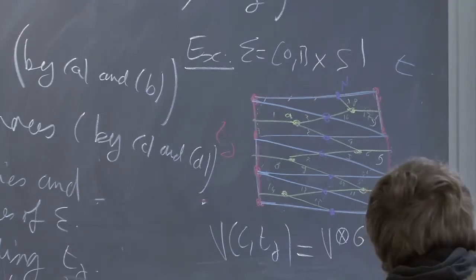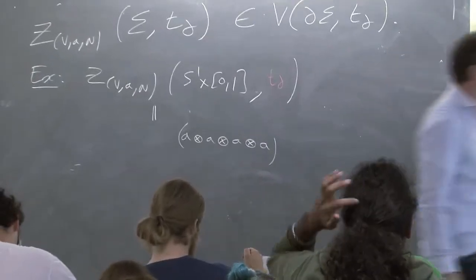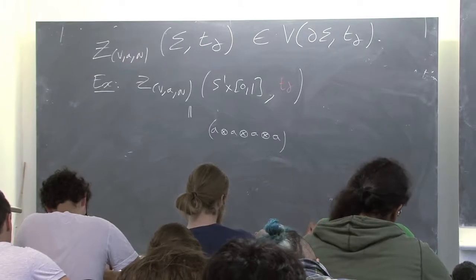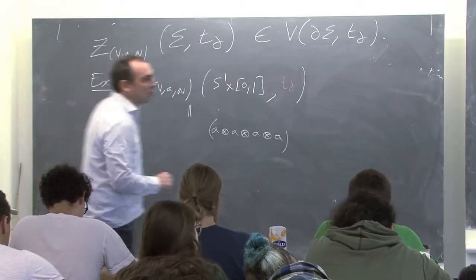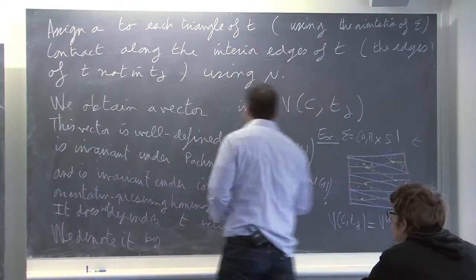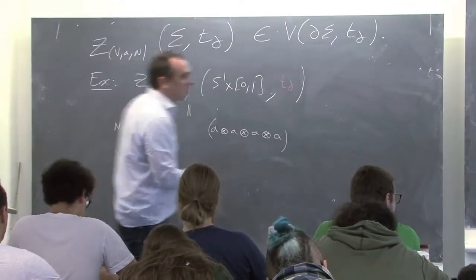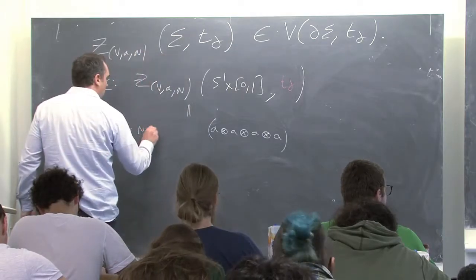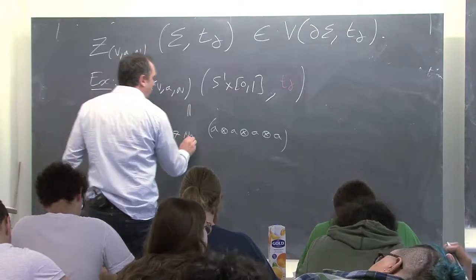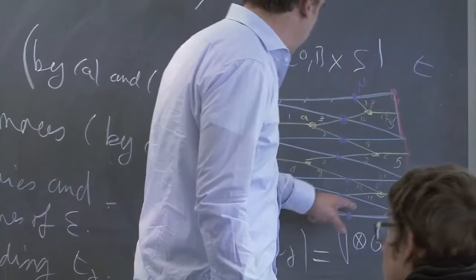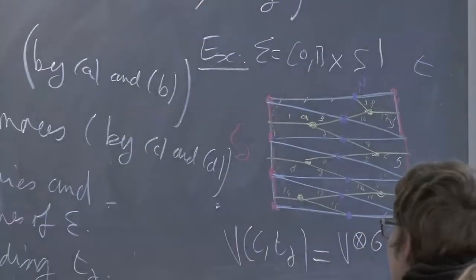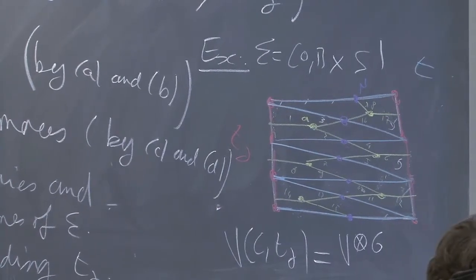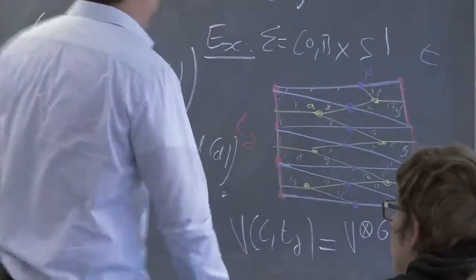Okay, so here we can see this is A tensor A, so 1, 2, 3, 4, 5, 6, and you just contract here: 3, 16, then you contract 2, 4, 5, 7, mu 9, 10, mu, etc.